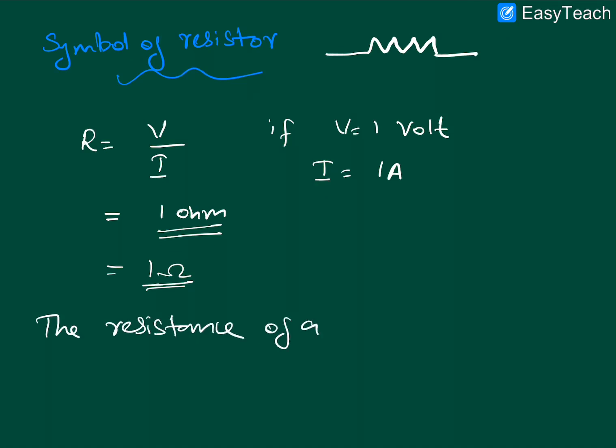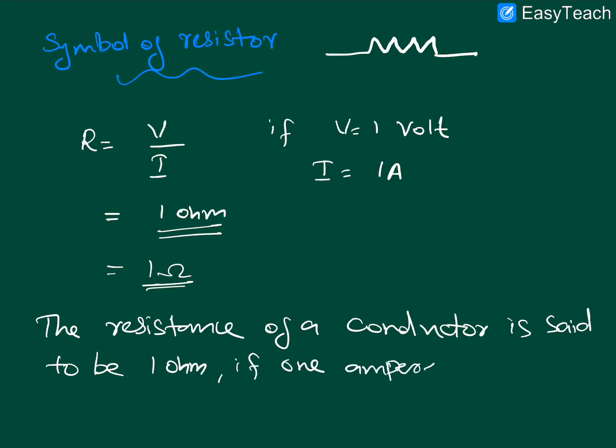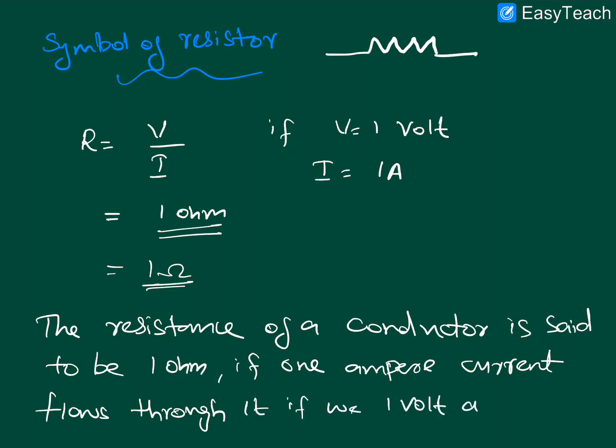The resistance of a conductor is said to be 1 ohm if 1 ampere current flows through it when we apply 1 volt across it. This is the definition for 1 ohm.